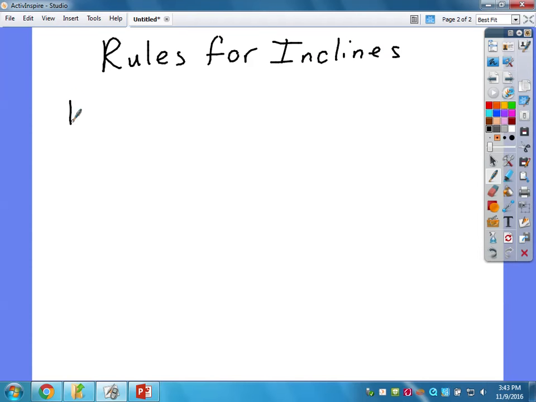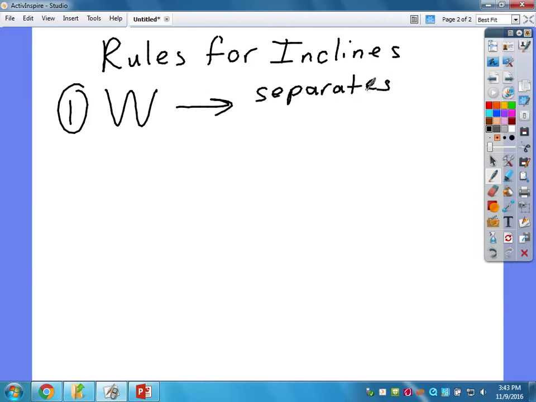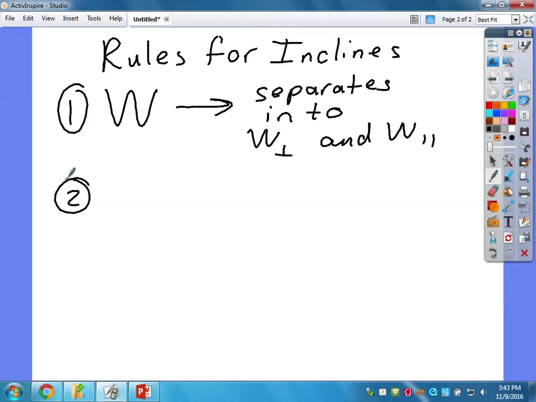First one would be the weight is what separates into the weight perpendicular and the weight parallel components. Two, the weight perpendicular will equal the normal force.